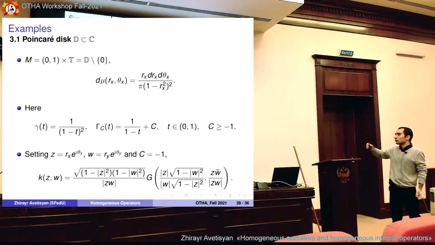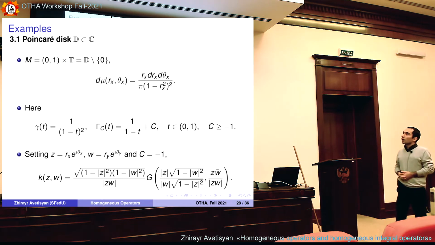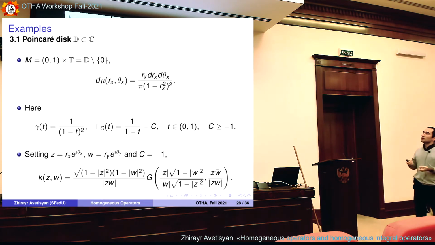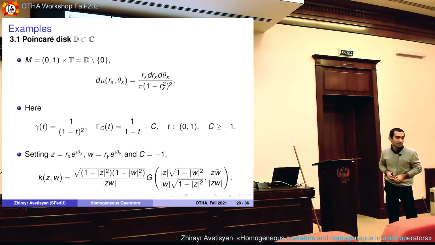And this is a formula for the most general strongly homogeneous kernel on the Poincaré disk with respect to those dilations which behave well with the Haar measure on the disk, right? So G is an arbitrary function of one real variable and one complex variable on the unit circle.